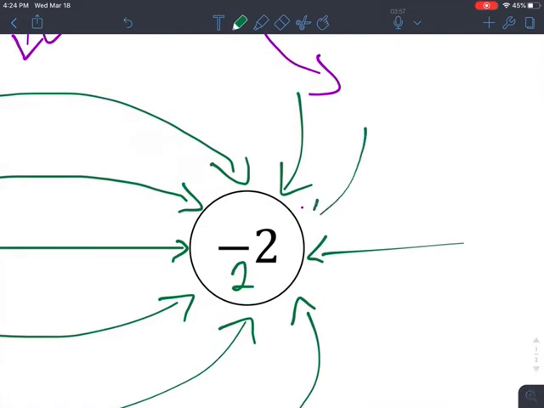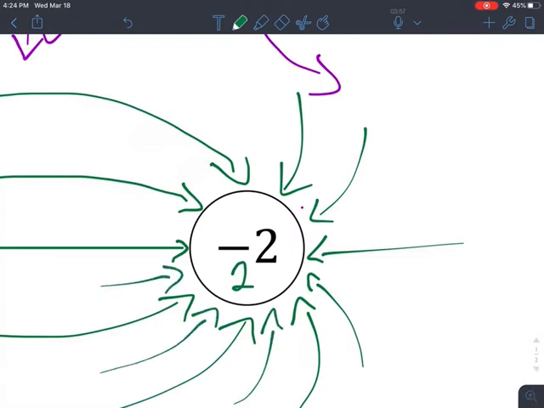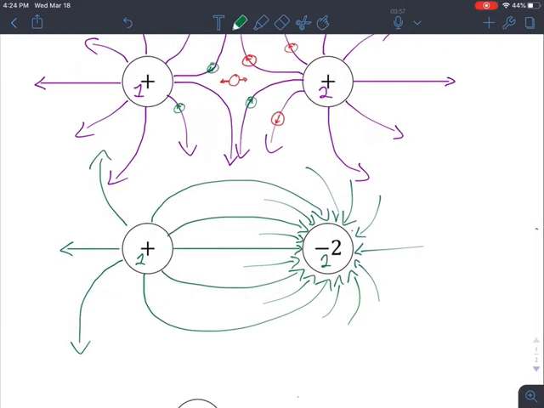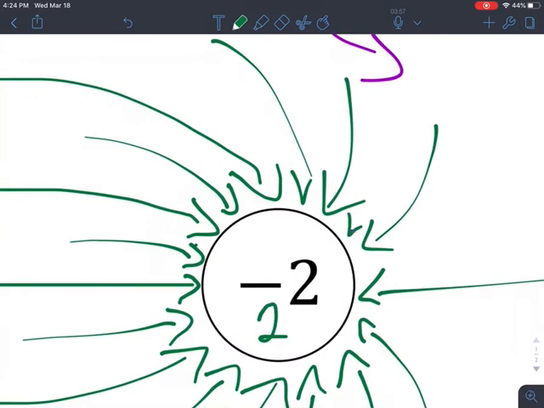So I would just start adding lines to how it will look. 1, 2. Do that, and I think I might have missed one. Not a huge deal.